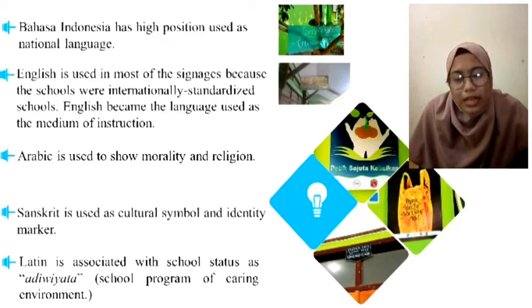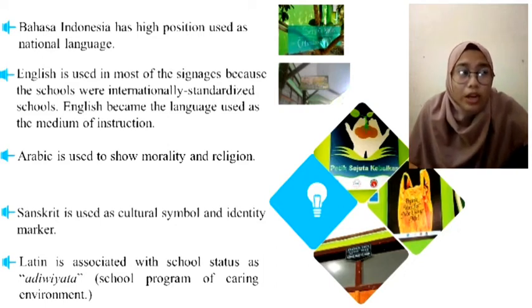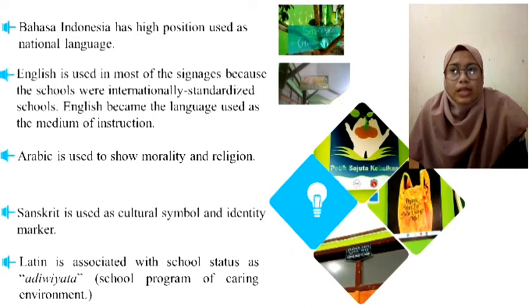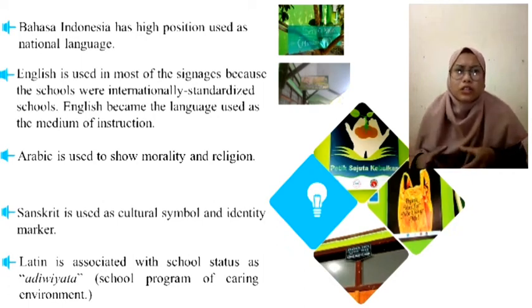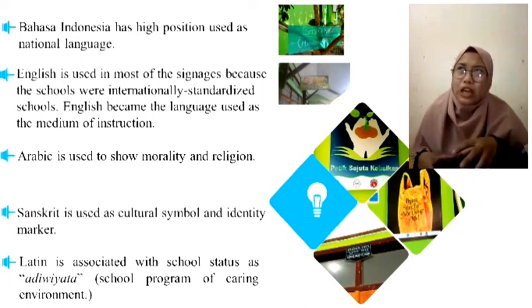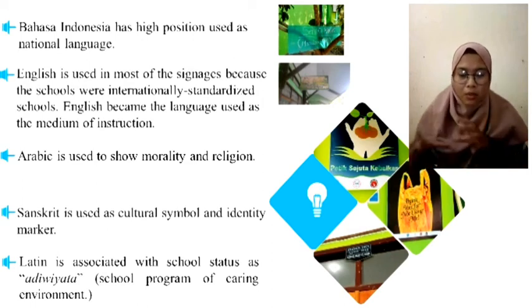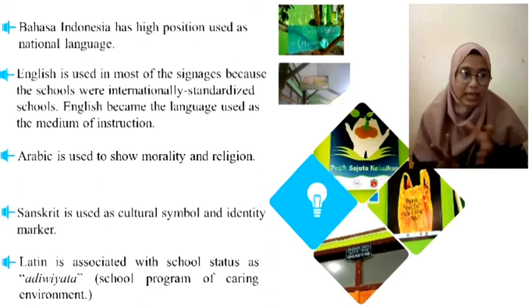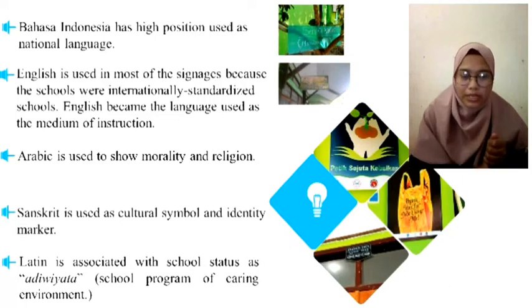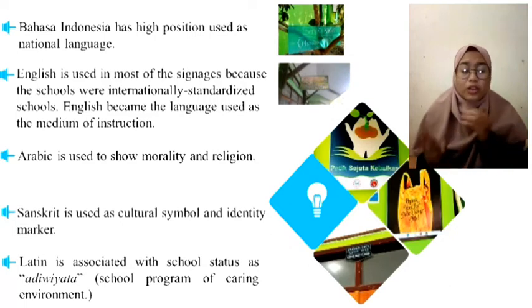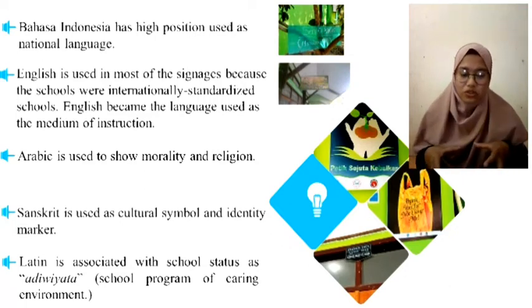Sanskrit is used as a cultural symbol or identity marker, because the community of the suburban area, most of them are Javanese and Madurese, and we know that they are very strict with culture.